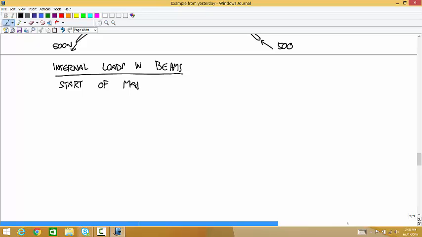The start of a major topic in mechanics, which is basically, will it break and where will the fracture start?